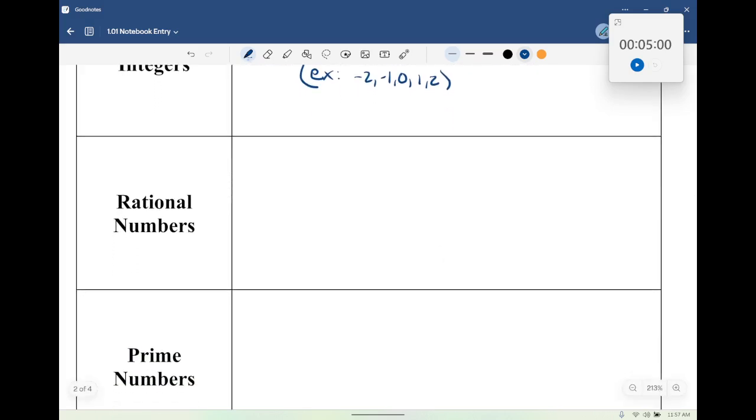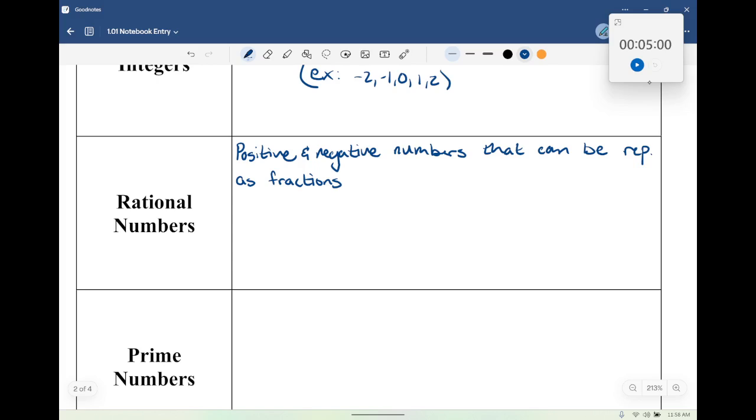Rational numbers are positive and negative numbers that can be represented, again, just abbreviating that as rep, as fractions. Positive and negative numbers that can be represented as fractions.